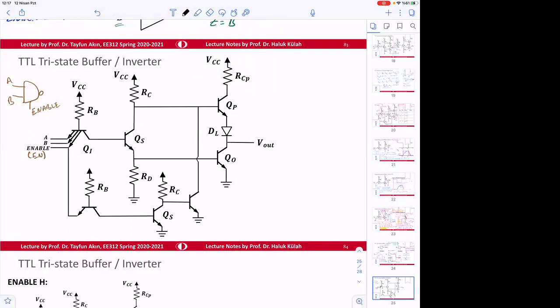I'll make a table and say what happens to the inputs A, B, enable, and then the state of the transistors, QI.